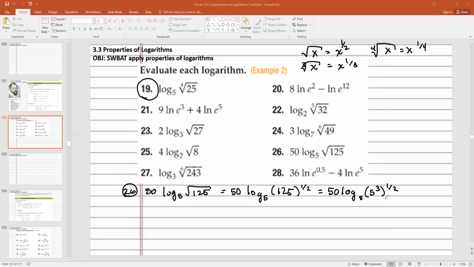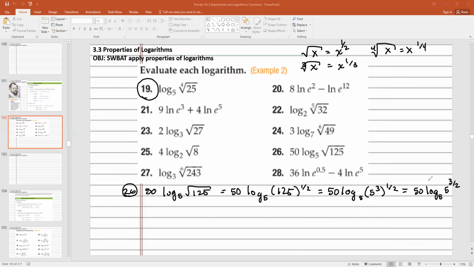All right, there we go. And then the power property of exponents, 3 times 1/2, is going to give us 3/2.